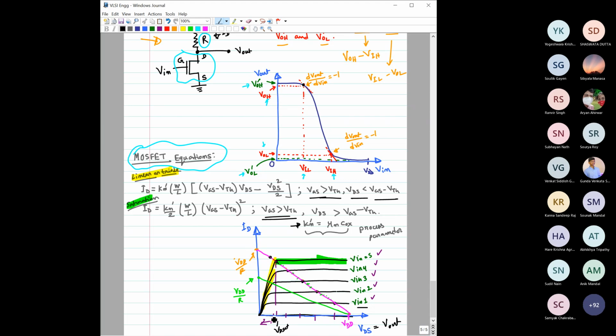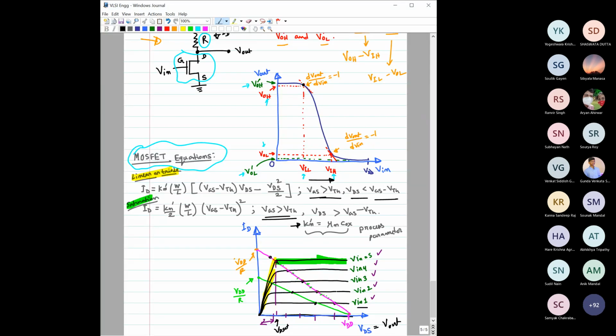As we discussed yesterday, this is basically the transistor output characteristics and this is the load line. Depending on the resistance values, you can have two different load lines, and that will give you how this VTC would look. For this pink one, as you change V in, going from this side to this side, the change in output voltage is quite gradual. Whereas if you consider the green one, see the deviation.